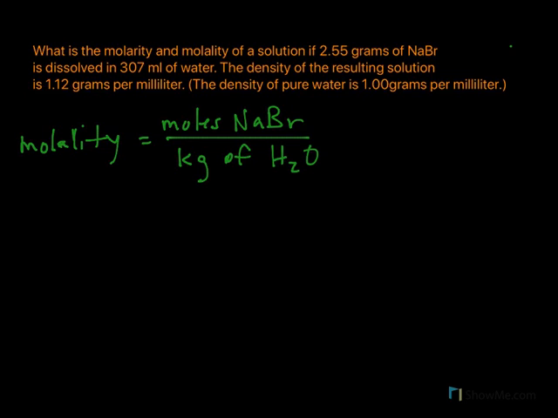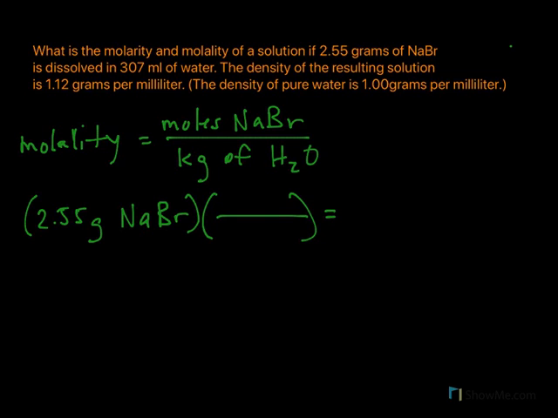So to find moles of sodium bromide, we have 2.55 grams of sodium bromide, so we will divide by the molecular weight of sodium bromide. So grams of sodium bromide cancels grams of sodium bromide. Our answer here will be in moles of sodium bromide.